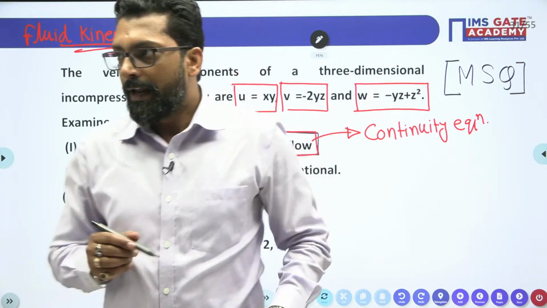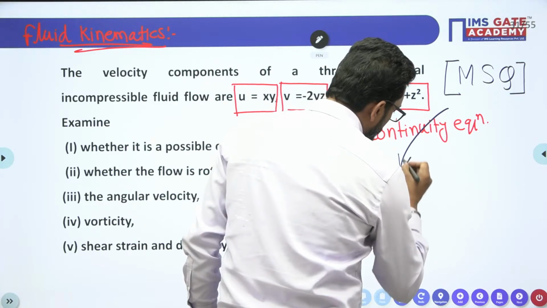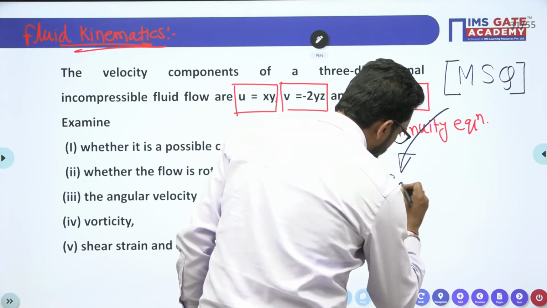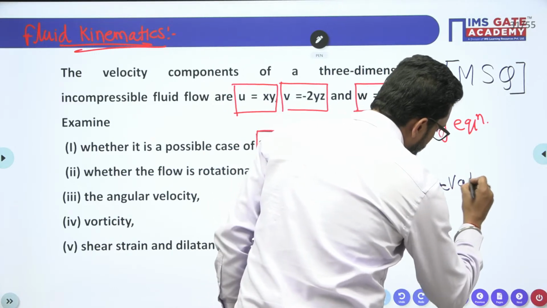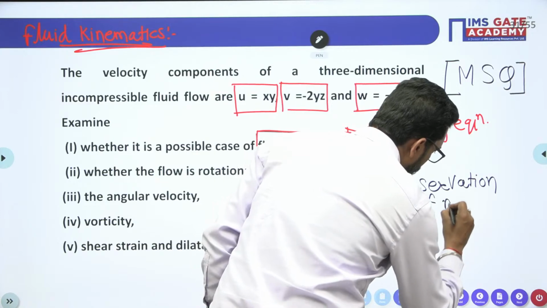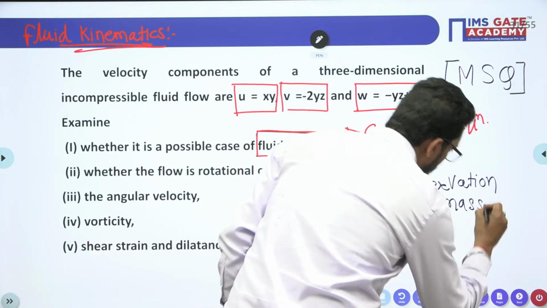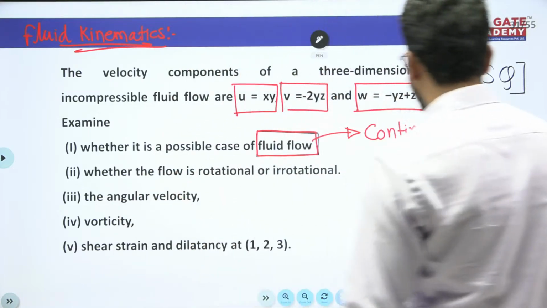Right. The continuity equation is what? Conservation of mass. The continuity equation is conservation of mass. Okay.